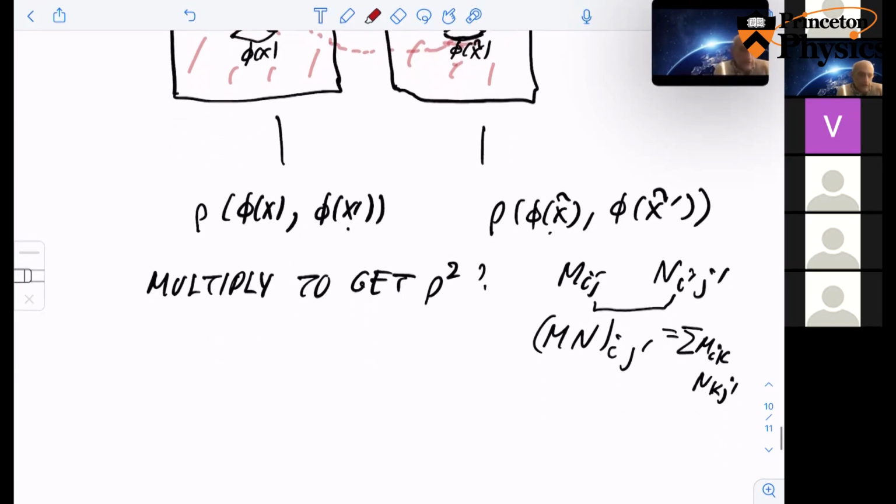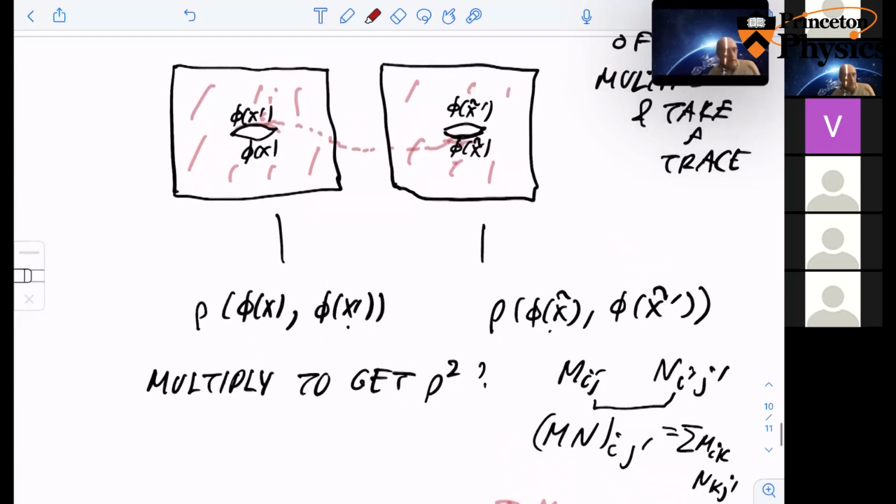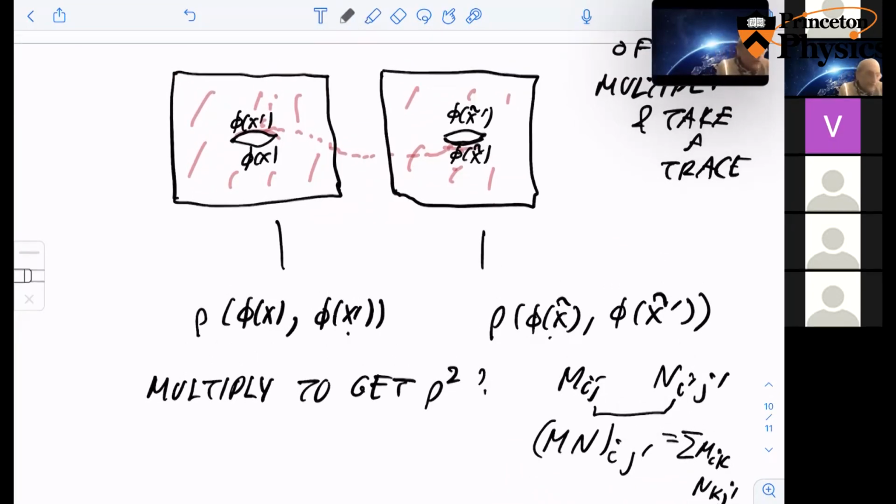Now, after that, we have to take the trace. To get the trace of M N, we then set i equals j' and sum. So in the quantum field theory problem, we set this equal to this to multiply the 2 copies of rho, and then to take the trace, we set this one equal to this one.